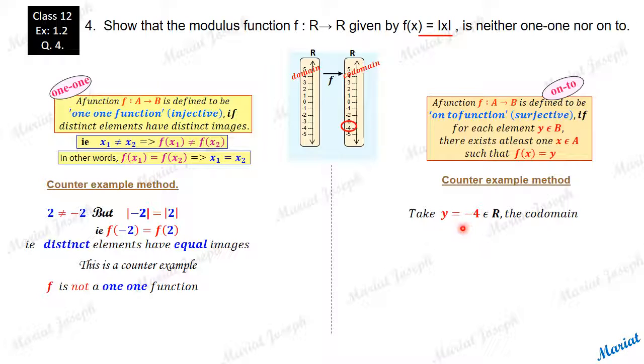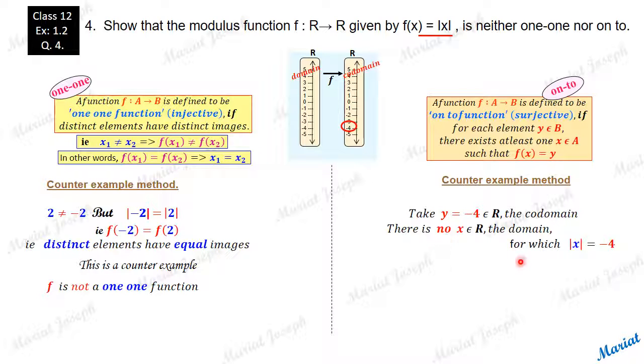Now we need to check, is there an x available in the domain whose image is this minus 4? For which real number can we have the modulus minus 4? Modulus of no real number can be minus 4. So there is no x in the domain for which the modulus of x could be minus 4.